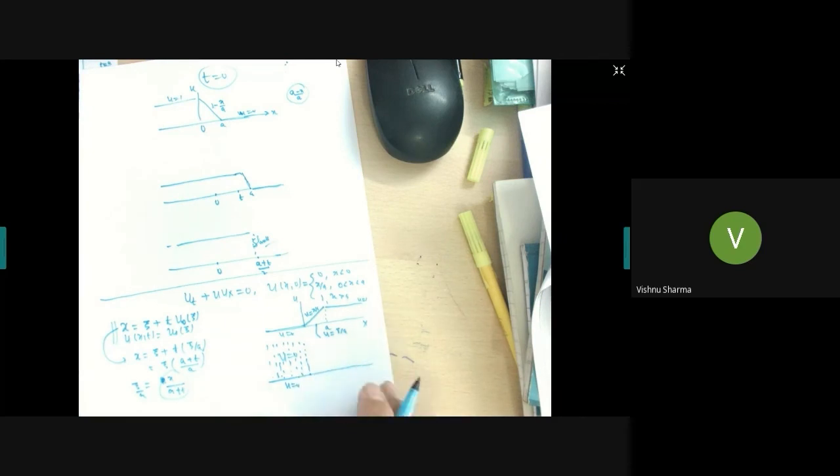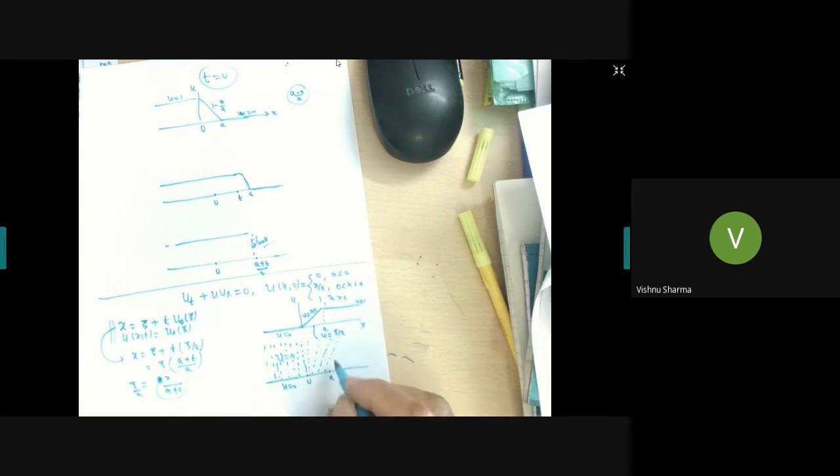Look here, what are the characteristics? They start from this 0. This is 0 and this is a. So these characteristics start spreading. And at x is equal to a, in fact, it is a upon a plus t.